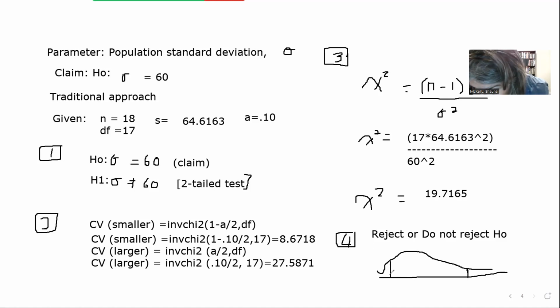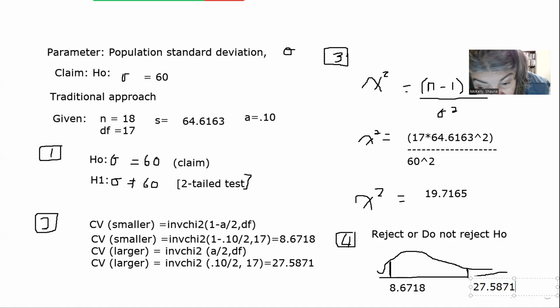My critical regions are always in the tail, all right? So my first critical value is my smaller one, 8.6718. So that's here. And my other one, of course, is 27.5871.